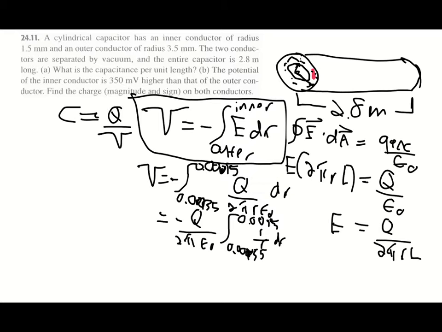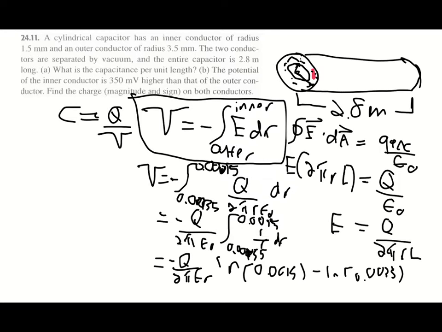So it's going to be negative Q over 2 pi epsilon naught. We'll put the negative in front. And it's going to be the natural log of 0.0015 minus the natural log of 0.0035.